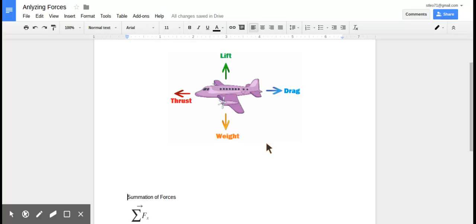If we look at the problem in two separate axes, we can see that lift and weight have to be equal to each other, and thrust and drag have to be equal to each other. So we can analyze a problem like this by separating the forces along their axes.